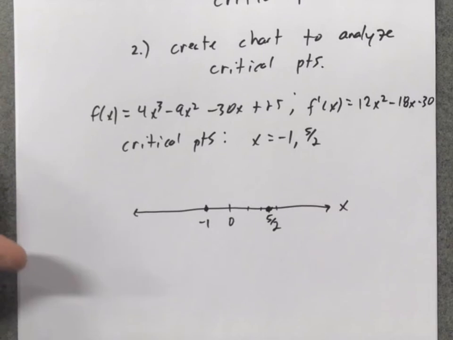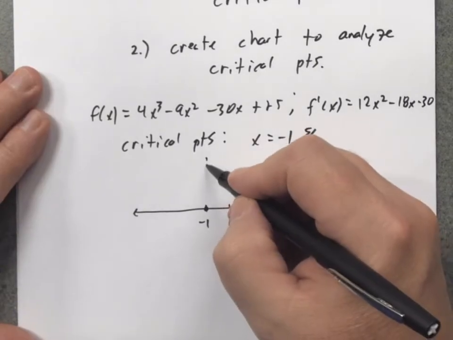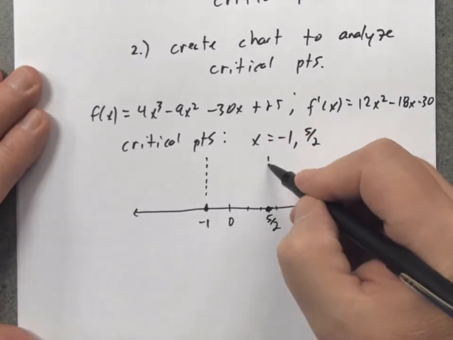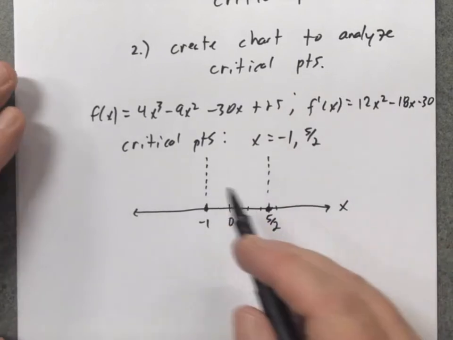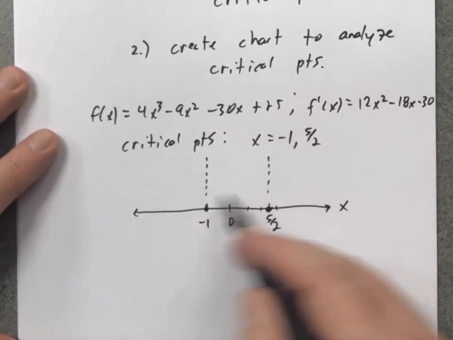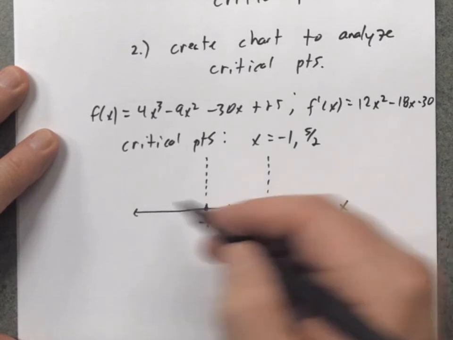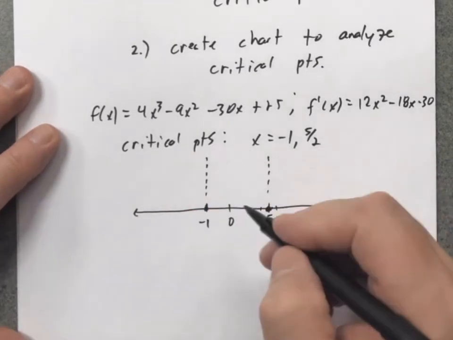So here are my 2 critical points. To make it clear, I'm going to draw these dashed lines, because what I'm really doing is I'm breaking up my graph or my number line into regions.